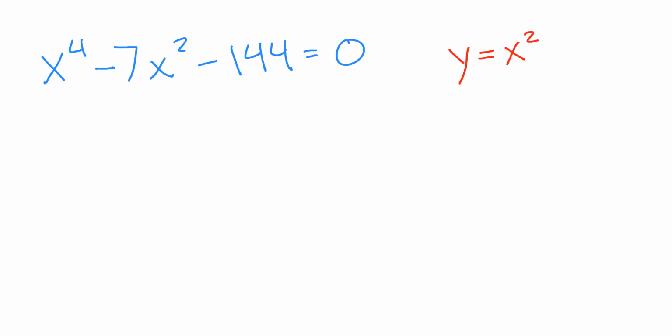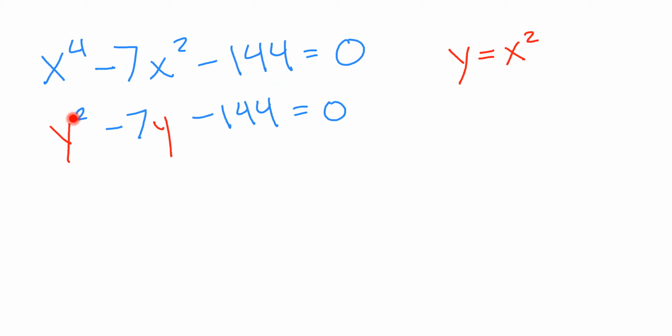Then when we rewrite our equation, we end up with y squared minus 7y minus 144 equals 0. So because we let y equal our x squared, then this x to the 4th just becomes a y squared.